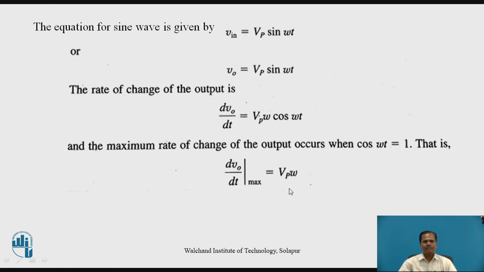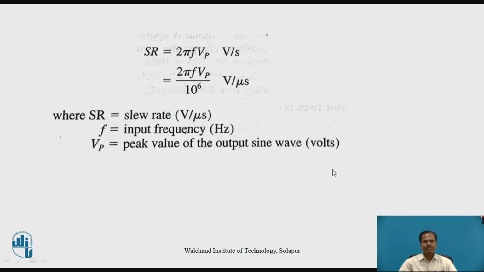So the derivative of output voltage with respect to time, considering maximum rate of change, is equal to Vp omega, because cos omega t is equal to 1. Where omega stands for angular frequency, so the final equation for slew rate can be written as 2 pi f Vp volts per second, where 2 pi f is equal to omega.